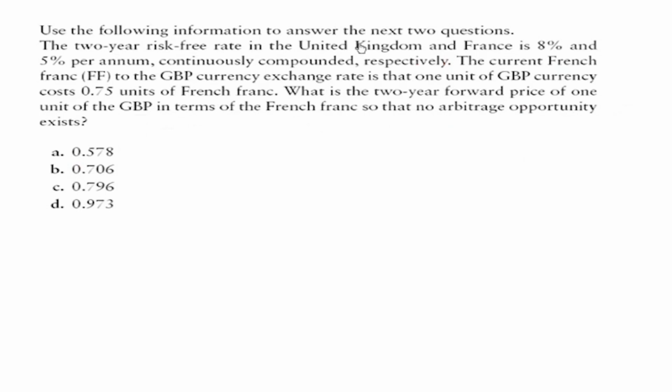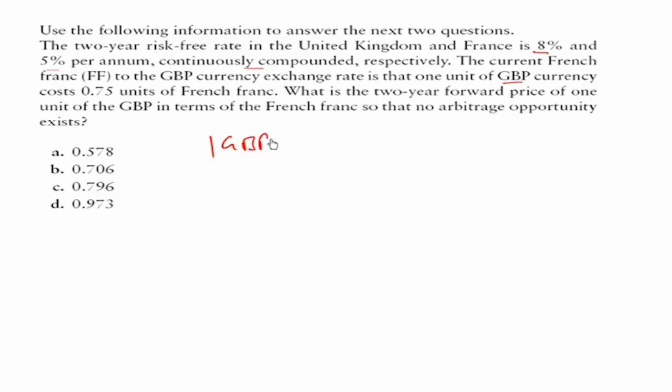Using the following information, answer the next two questions. The 2-year risk-free rate in the United Kingdom and France is 8% and 5% per annum, continuously compounded respectively. The current French franc to GBP currency rate is that 1 unit of GBP costs 0.75 units of French franc.